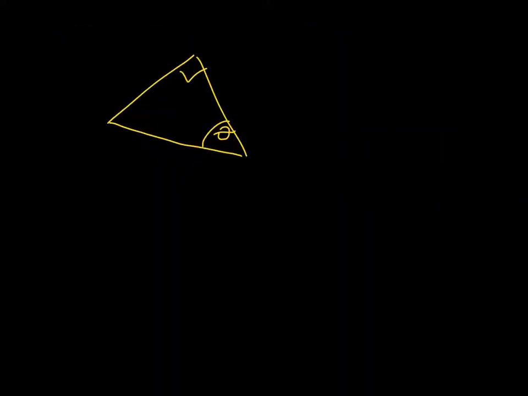Okay, we're going to find another angle. This time we're going to use cos. So cos is our adjacent over hypotenuse. So let's label this up. Let's say this was 9 and this one here is 13.